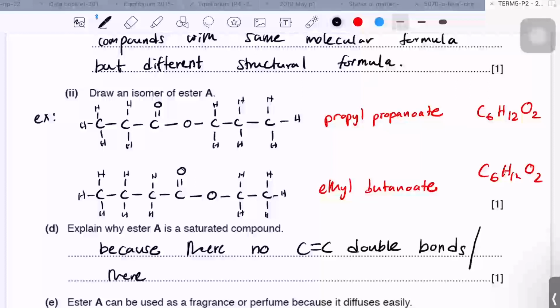There are only carbon-carbon single bonds.